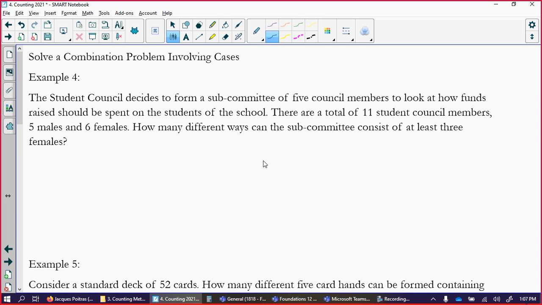Next, a student council decides to form a subcommittee of 5 council members to look at how funds are raised and spent at the school. There's 11 student council members, 5 males and 6 females. How many ways can they be formed if it has at least 3 females? So does the order matter?